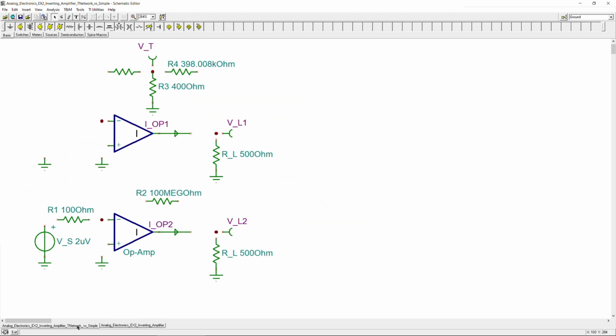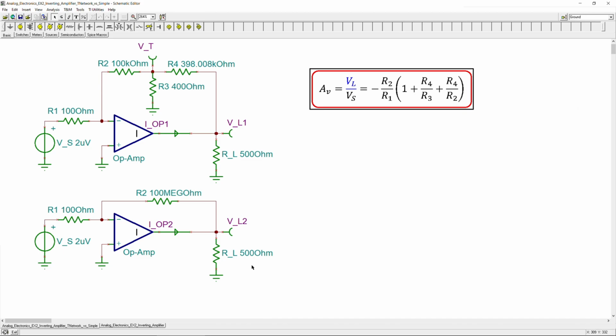For the comparison, we also look at the basic circuit and the exact same circuit, but with some slight changes with this R2. And the gain we would like to have was minus 1 million. So we have calculated R4 was approximately 398 kilo ohms, or approximately 400 kilo ohms, if you round it off.